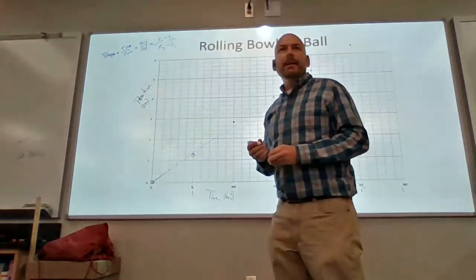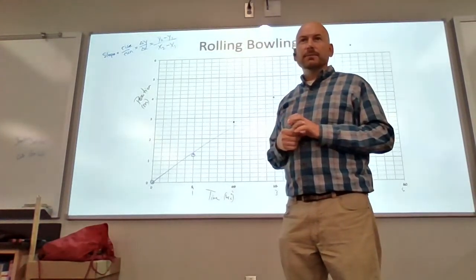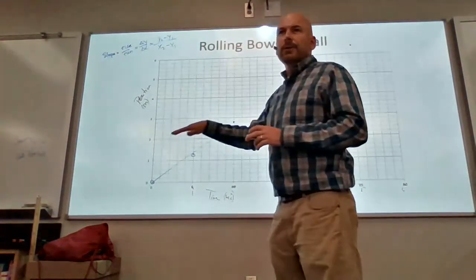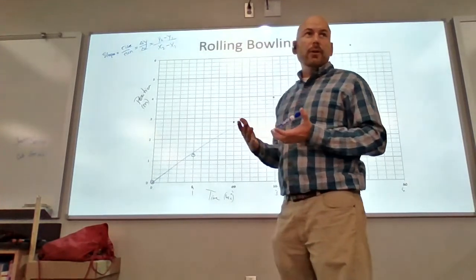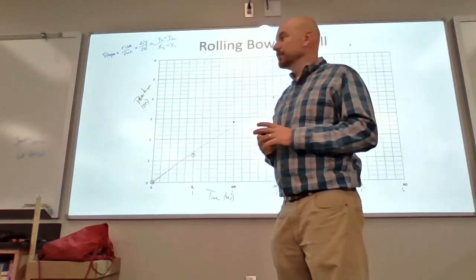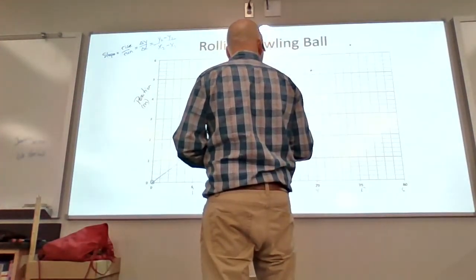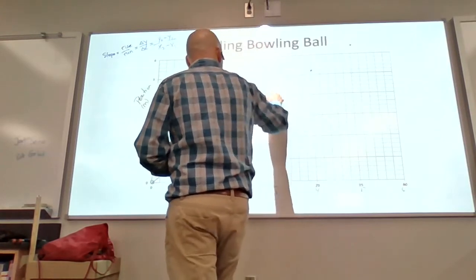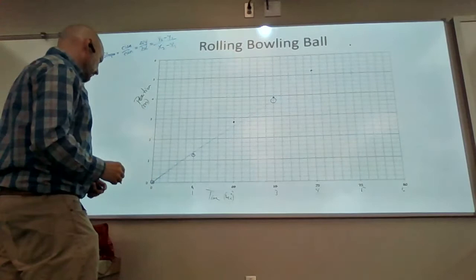You know how in experiments there's some experimental error. The best fit line tries to average that out. That's why you draw the best fit line. So I'm gonna look at points that are right on the grid. So that point's right on the grid.